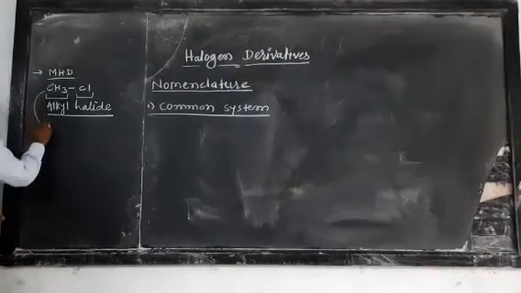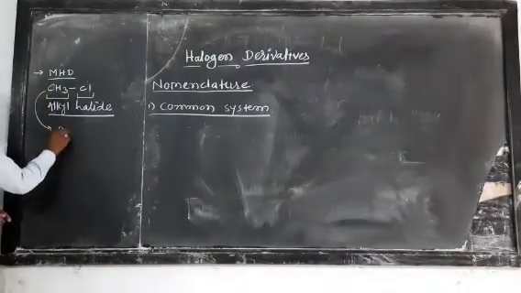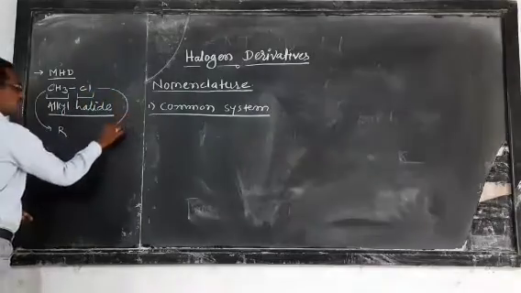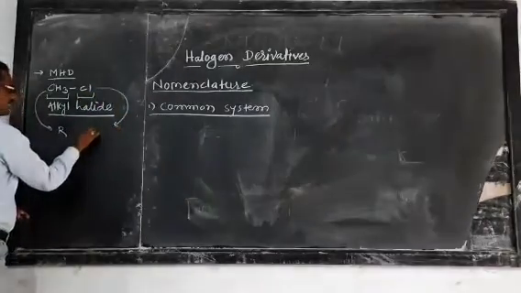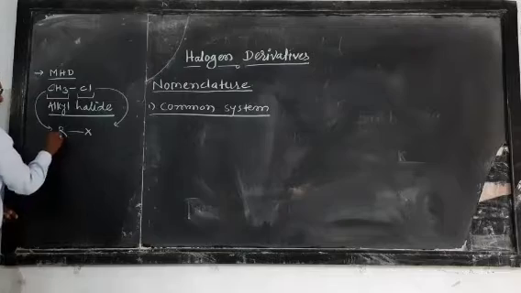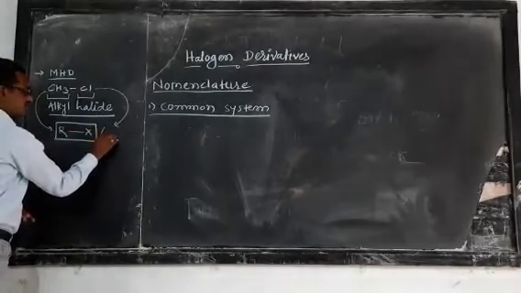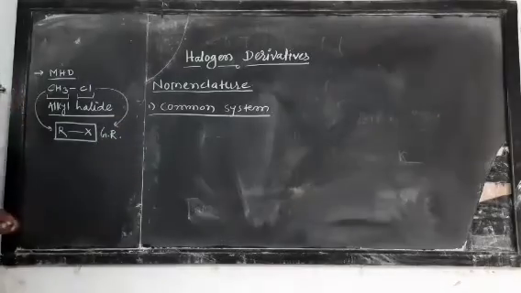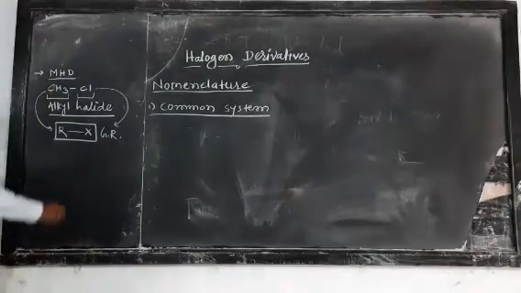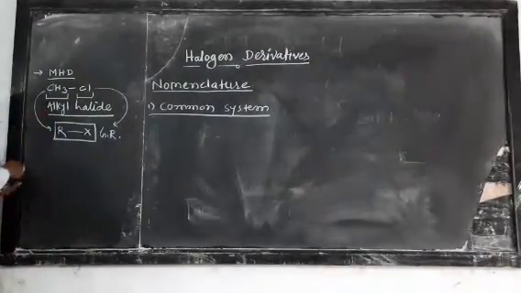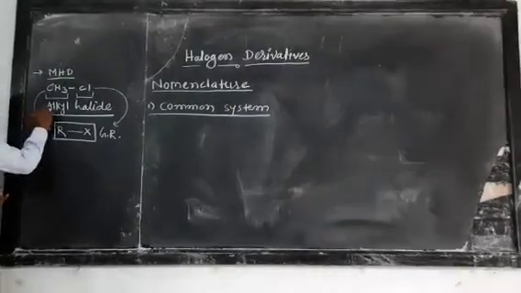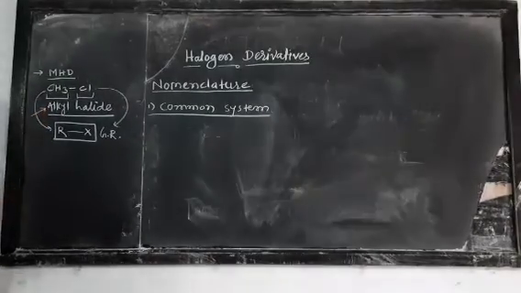Generally, we represent the alkyl group as R and the halide group as X. So, this is the general representation of monohalogen derivatives. The general name of monohalogen derivatives is alkyl halide.